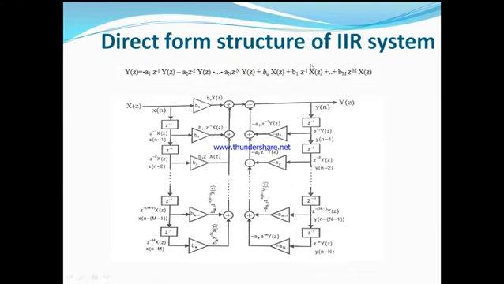Before that we have one more term, b0 into X of z. So b0 X of z. Next, one more term, b1 z power minus 1 X of z, is added here, up to bm z power minus m into X of z. When all the values are added, you will get Y of z.